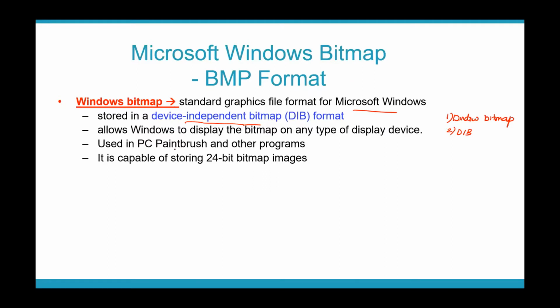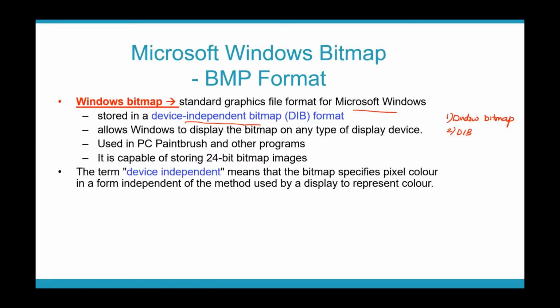We know that the bitmap format is used in Windows Paintbrush and other programs. It is capable of storing 24-bit images. The standard size of bitmap images is 24-bit bitmap images, whereas the device independent format, what is meant by device independent? It means how it is represented is independent of how it is displayed.